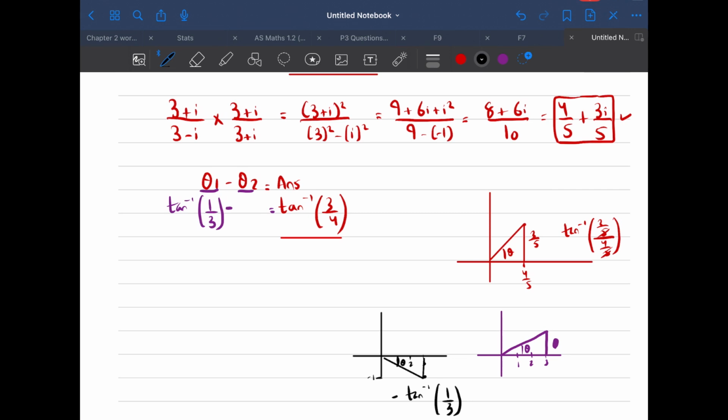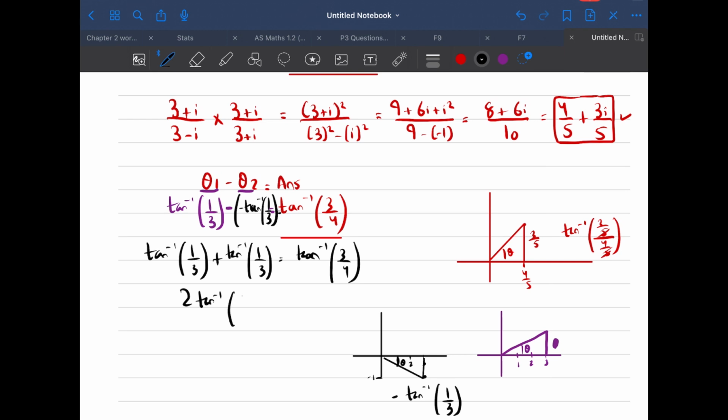That means it's minus tan inverse 1 upon 3. So now tan inverse 1 upon 3 plus tan inverse 1 upon 3 is equal to tan inverse 3 upon 4. So 2 tan inverse 1 upon 3 is equal to tan inverse 3 upon 4.